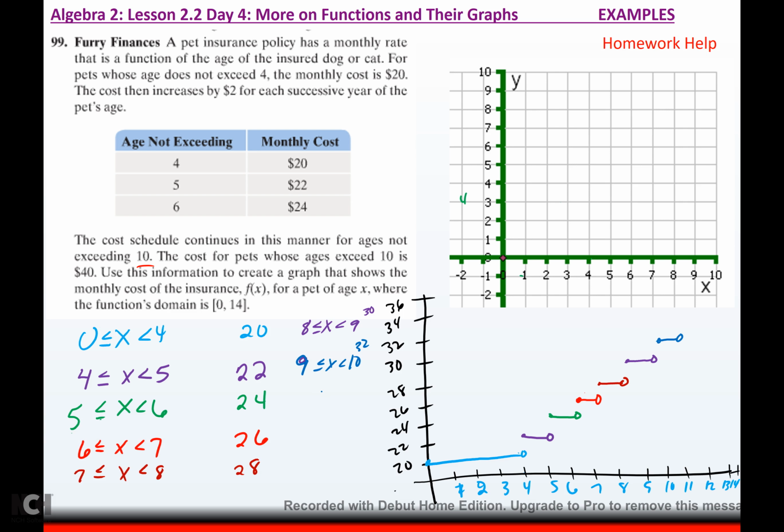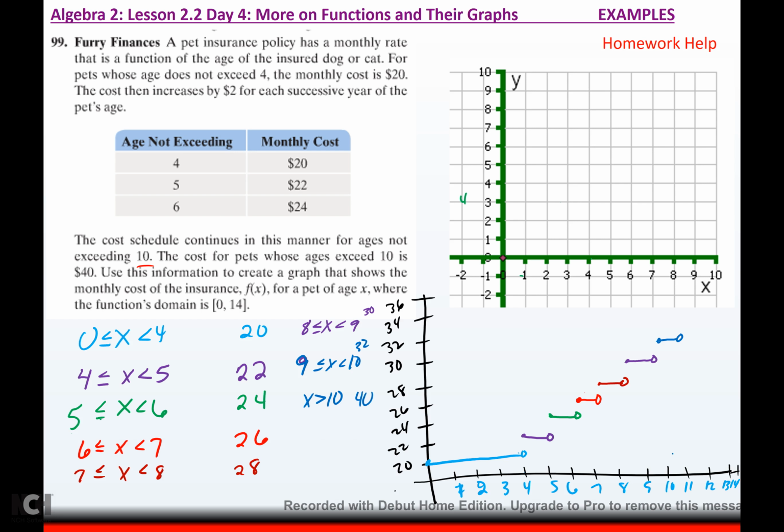And now finally, from 10 on, it says the cost schedule continues in this manner for ages not exceeding 10. The cost for pets whose age exceeds 10 is 40 bucks. So for x over 10, your price jumps up to $40.